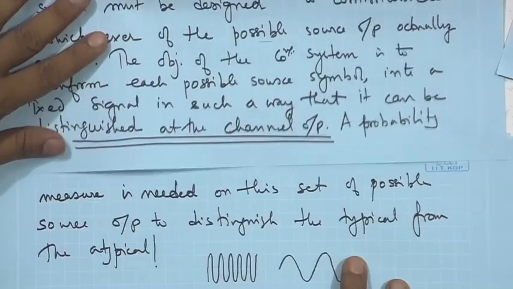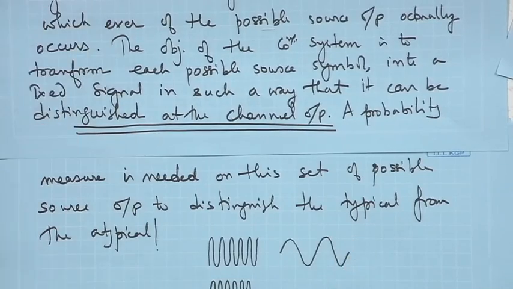And hence it said at the last point that a probability measure is needed on this set of possible source output. Now, what it tells is that if I have a source, let us say which is generating English letters, a human source which is speaking and generating some textual matter, in that case, if you plot the histogram of the words, or if you plot the histogram of the letters, then what you finally land up with is a probability measure on the letters.